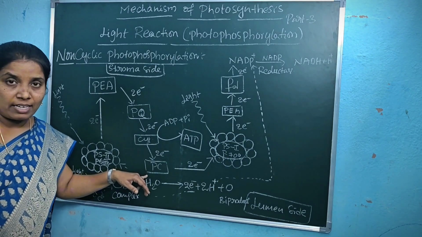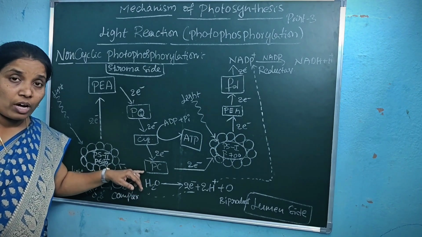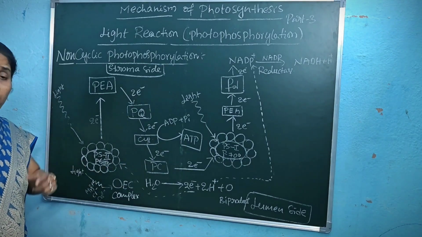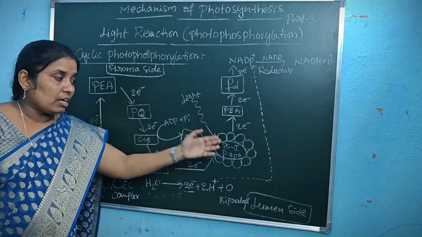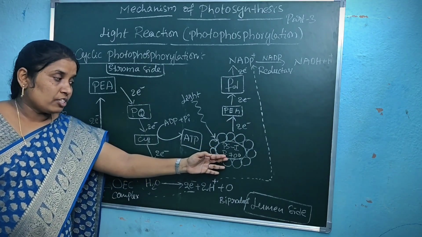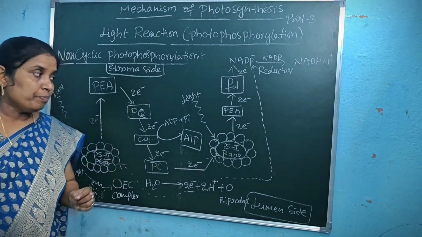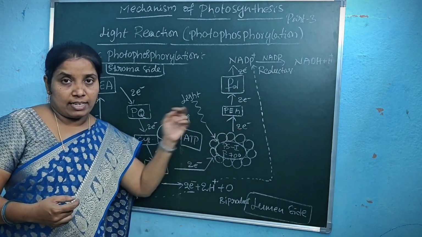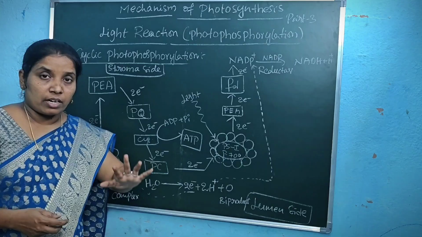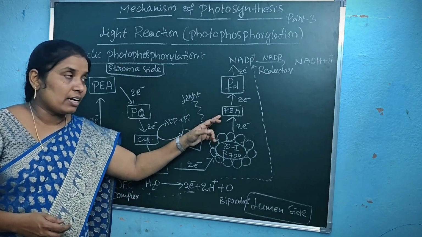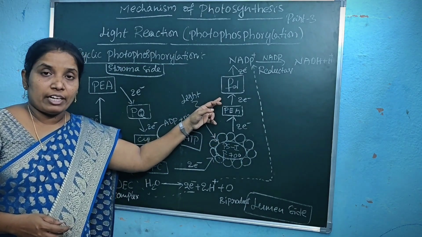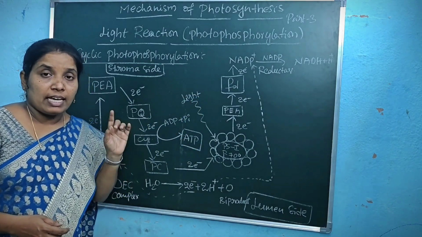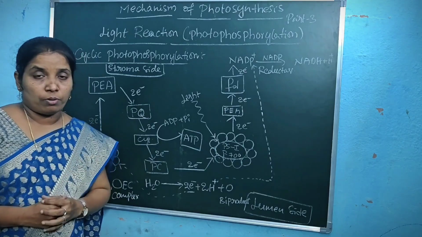Plastocyanin is a mobile carrier. Now the electrons are present in plastocyanin, remember. Meanwhile, the light falls on PS1 again, the reaction center is P700. It is also oxidized with the release of 2 electrons, accepted by the primary electron acceptor and then by the ferredoxin. Finally the electrons reach NADP+, where it is going to be reduced.